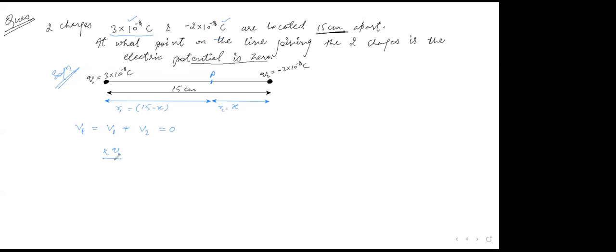So you can take here R1, plus K Q2 over R2, which should be 0 because we are solving for zero potential. So we are continuously taking here equal to 0. This is your K.